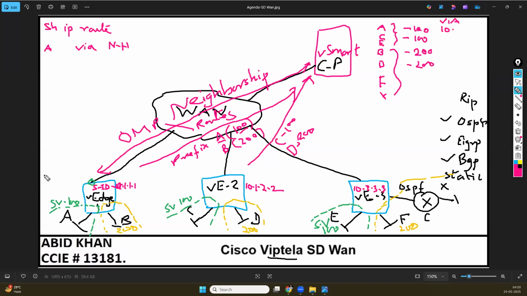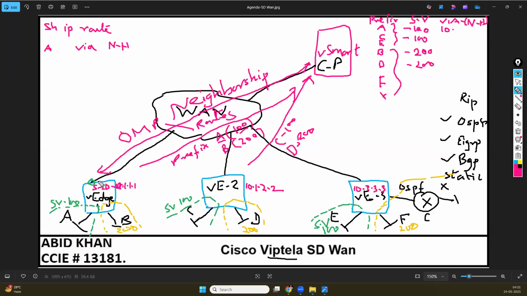It can carry various attributes. So you see prefixes there. This is the prefix, all the prefixes. Service VPN information. And then via means next hop. But this next hop is not the physical IP address.